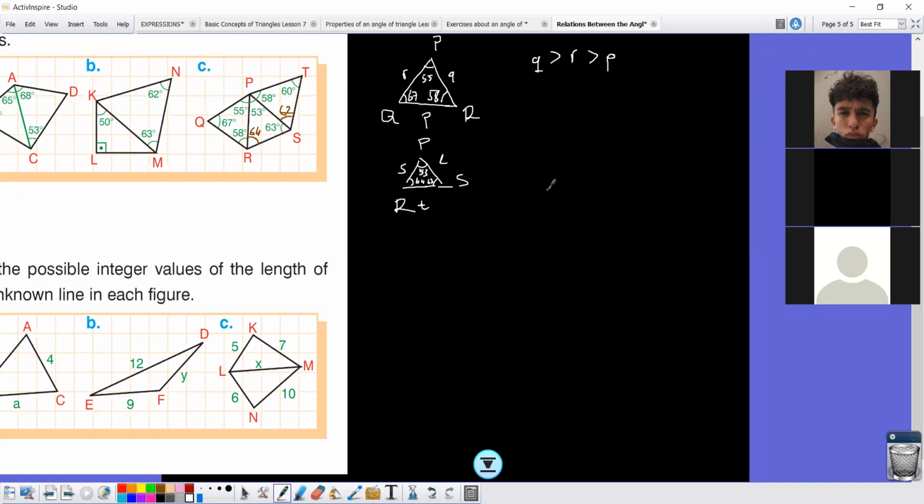L is the longest. Then S and then T. And we have one more triangle.